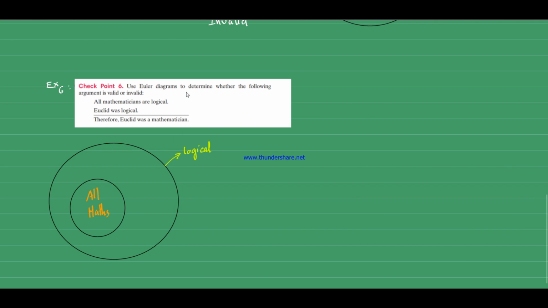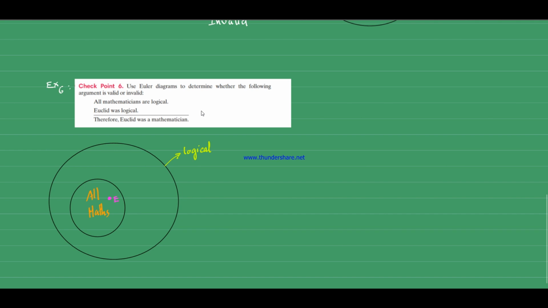So let's draw the Euler diagram that satisfies the premises and the conclusion first. Euclid was logical, so Euclid is inside logical, but also inside the mathematician circle. So looking like that, the whole Euler diagram satisfies everything.